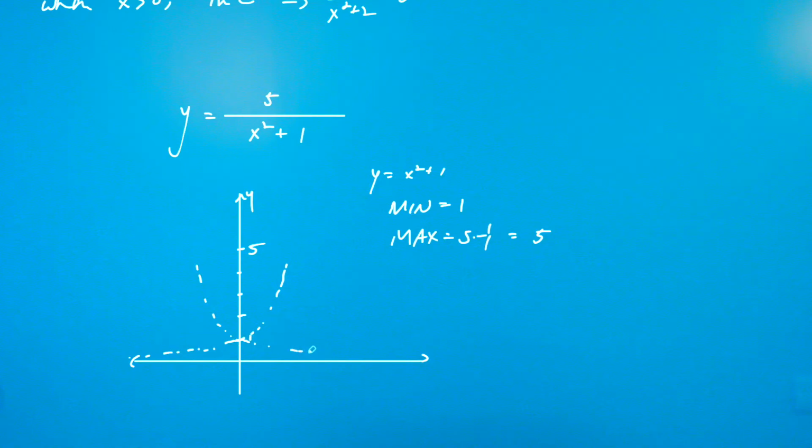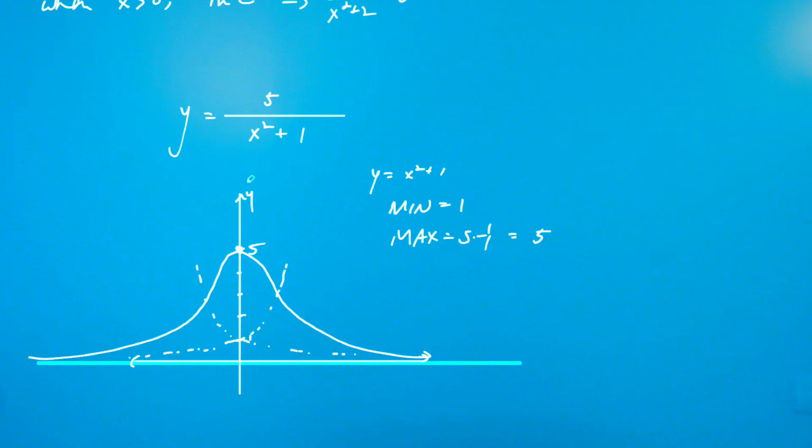It'll go up and come back down. But because of that 5, we'll go all the way to the top there, and that will be our max. We still have this as our horizontal asymptote. It will look like the following. And despite how my picture looks, it's perfectly a mirror image on the y-axis. So x equals 0 is the axis of symmetry.